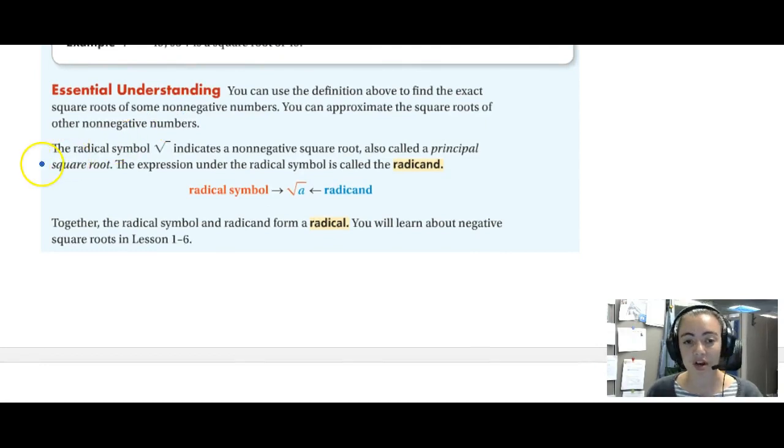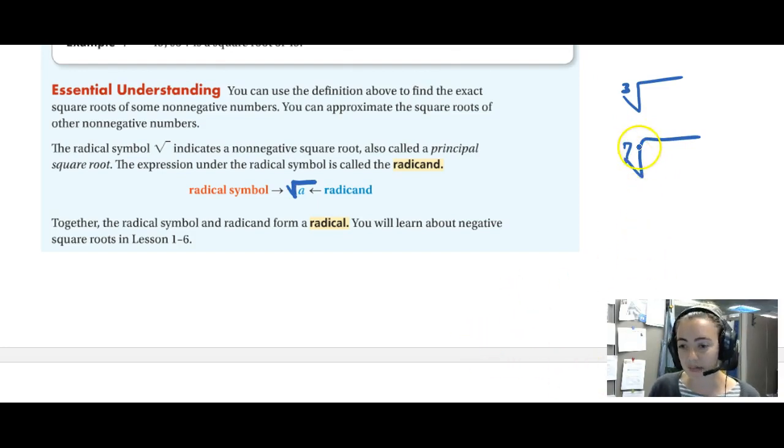So some key vocabulary that goes along with talking about this, so we're all talking and saying it in similar manners, is radical and radicand. So the radical symbol is actually that root there, that square root. Later on in other math classes, you'll get to cube roots. You could take a 7th root.